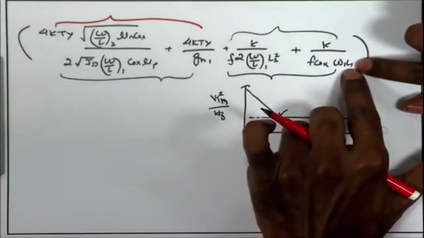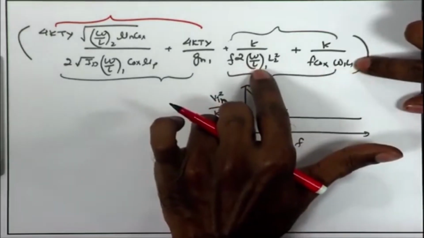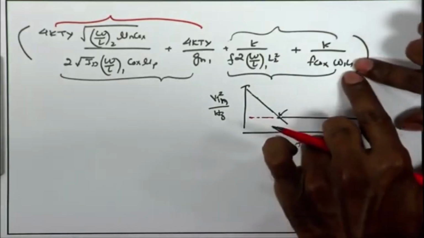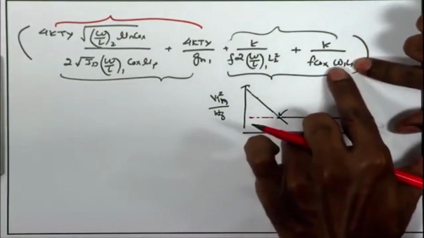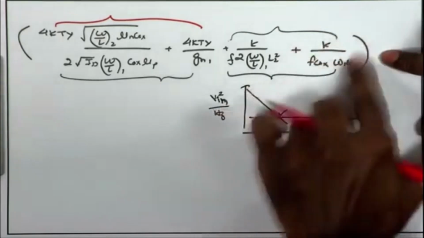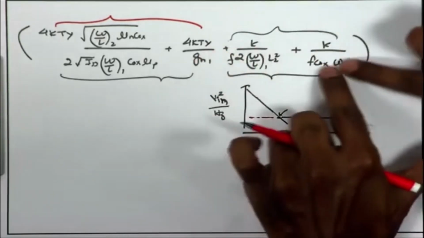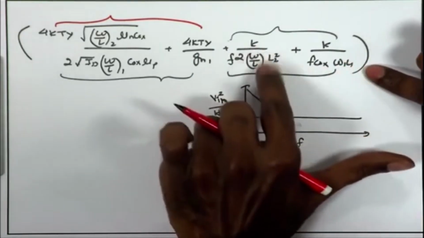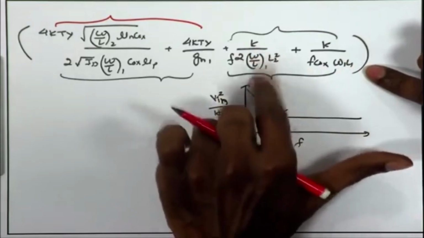But if I make L1 large, then you see here L1 is going to come into the denominator. So, making L1 large may not be a very good option. I can make W1 large instead. To minimize this term as well as this term, I can rely on making W1 large, because if I make L1 large, the second term is probably going to create a problem. L1 will be coming in the numerator.